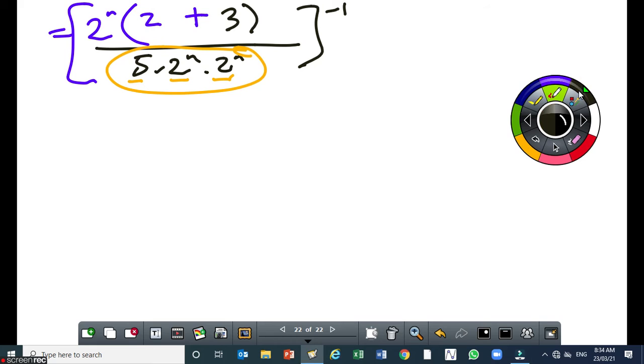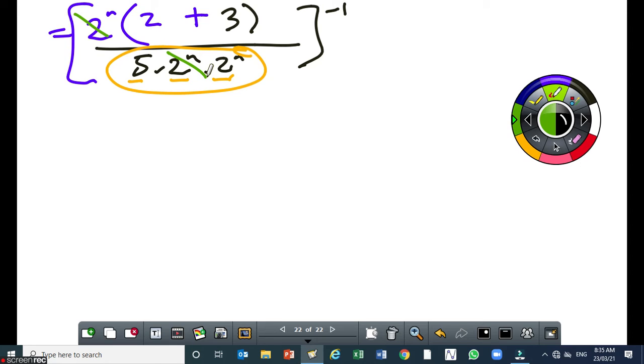It's a monomial actually. You remember what a monomial is. It's one term. You can multiply the 5, the 2 to the power of n, and the second 2 to the power of n. So you can't factorize that. So you can now cancel this and one of those 2 to the power of n.